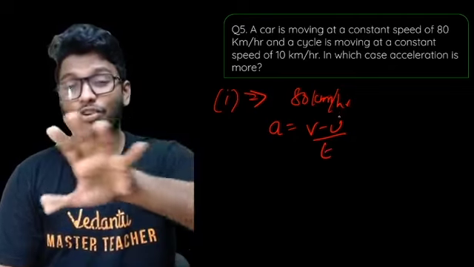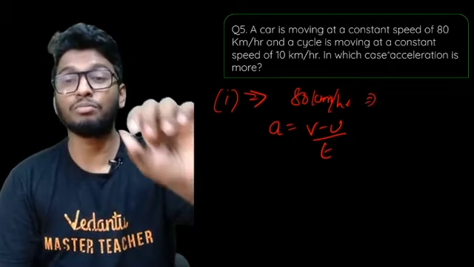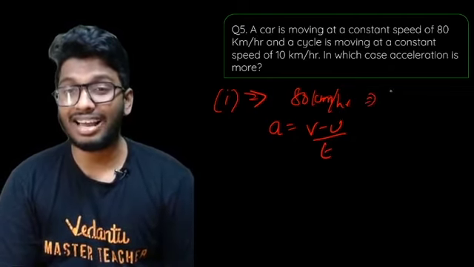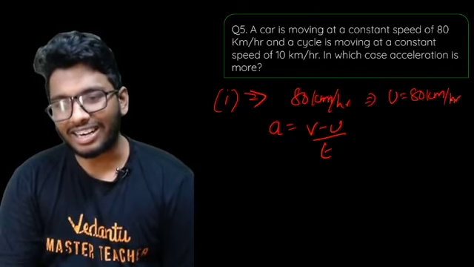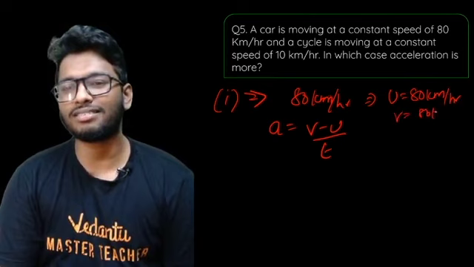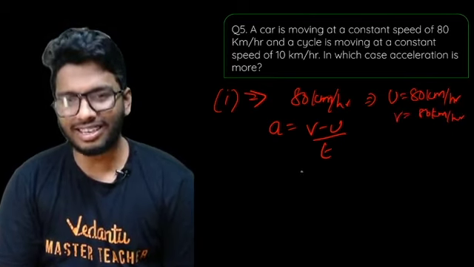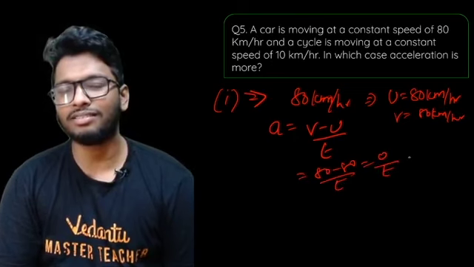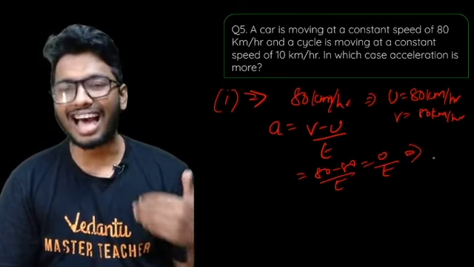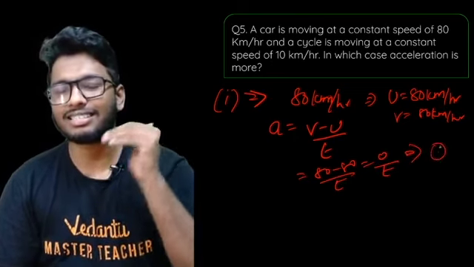He's moving at constant speed, which means his initial velocity is 80 km per hour, and his final velocity is also 80 km per hour. So if you put in the equation, 80 minus 80 divided by time, that's 0 divided by t, which means his acceleration is literally 0.